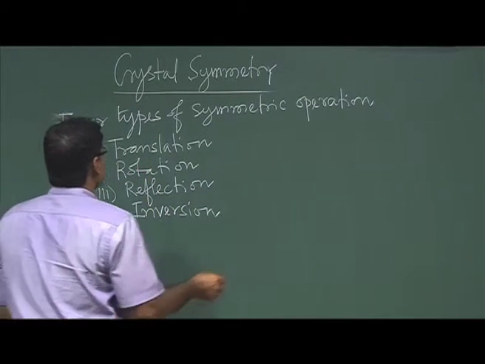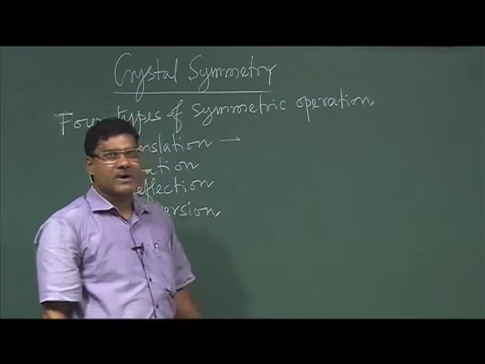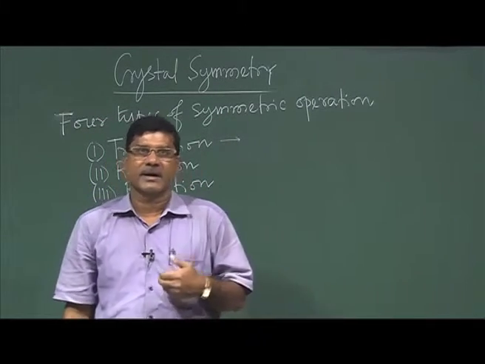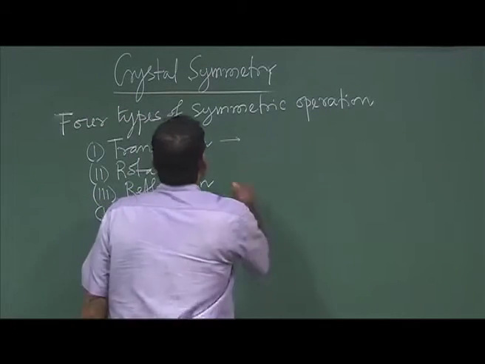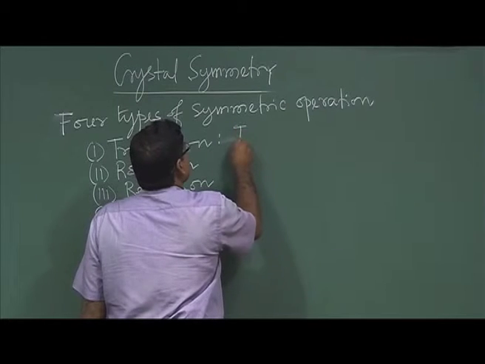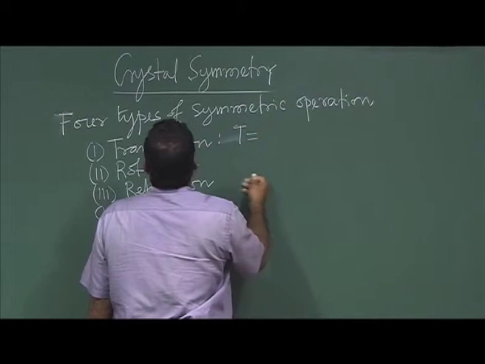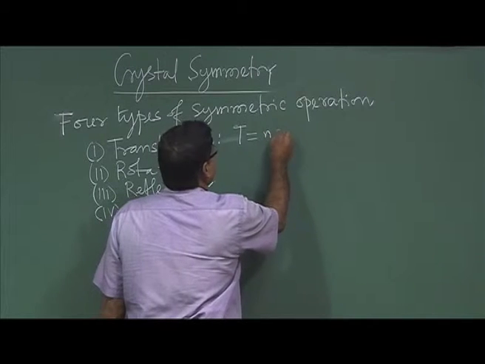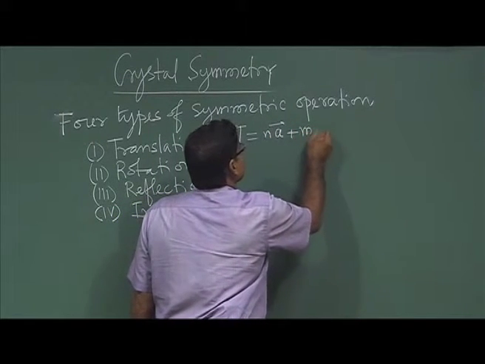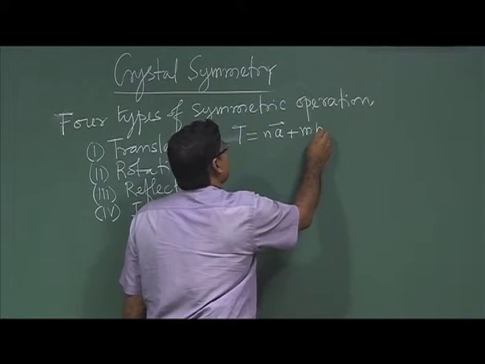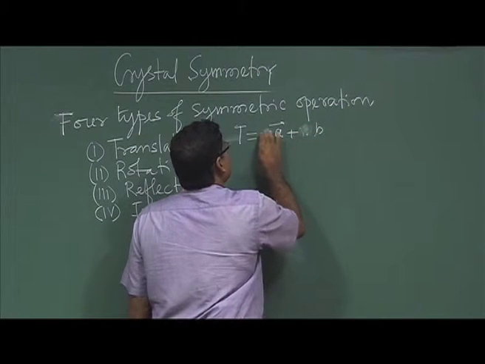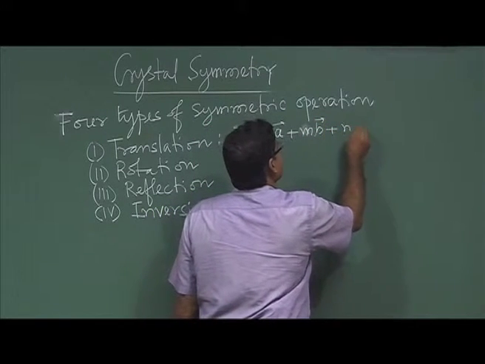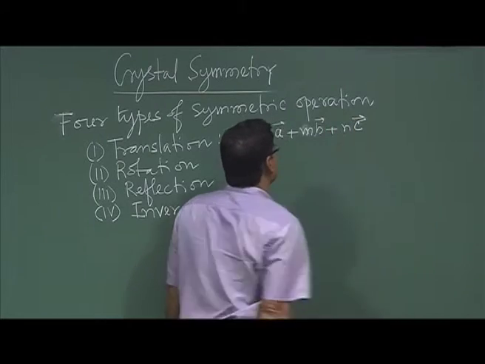So, translation, as we have discussed, a crystal lattice one can generate using a translational vector T equal to l a plus m b plus n c.